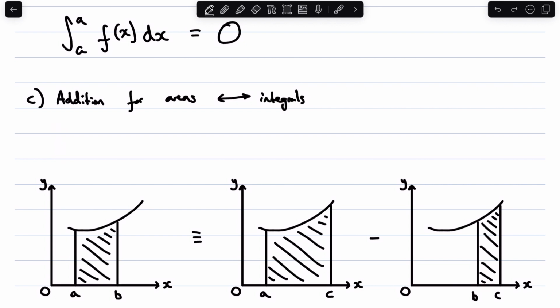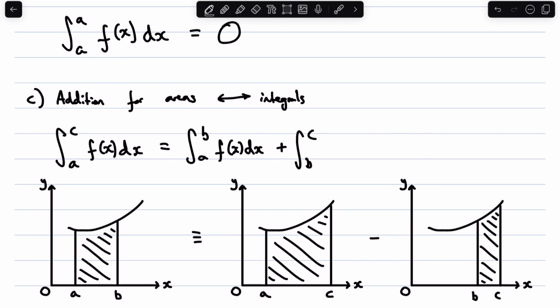So if we wrote it in a mathematical form, this would be saying the area under the graph f of x between a and c, so the integral of f of x between a and c, is the same as the integral from a to b of f of x dx plus the integral from b to c of f of x dx. And this is very helpful. You'll see much of this later on, of splitting up these integrals into different components.